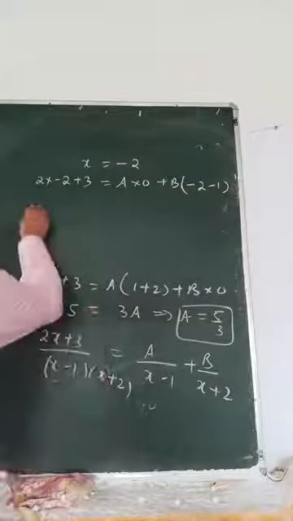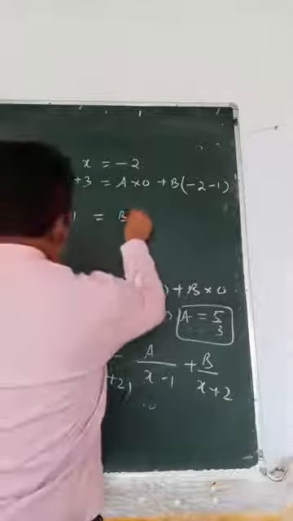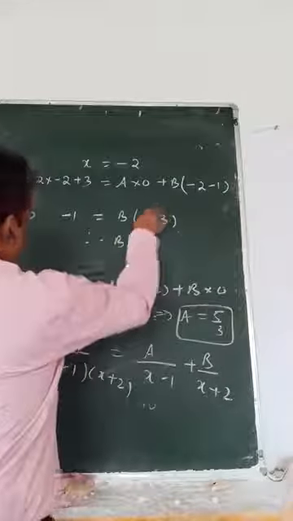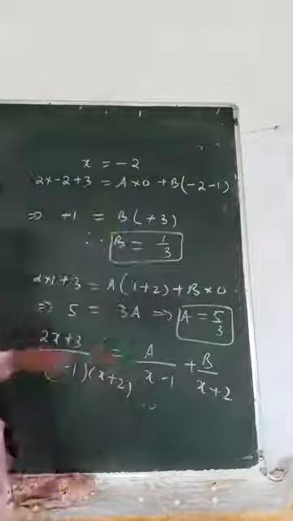That is -4 plus 3 is -1, equals B into -3. Therefore B equals 1/3 after cancelling the minus signs. Got the values of A and B?